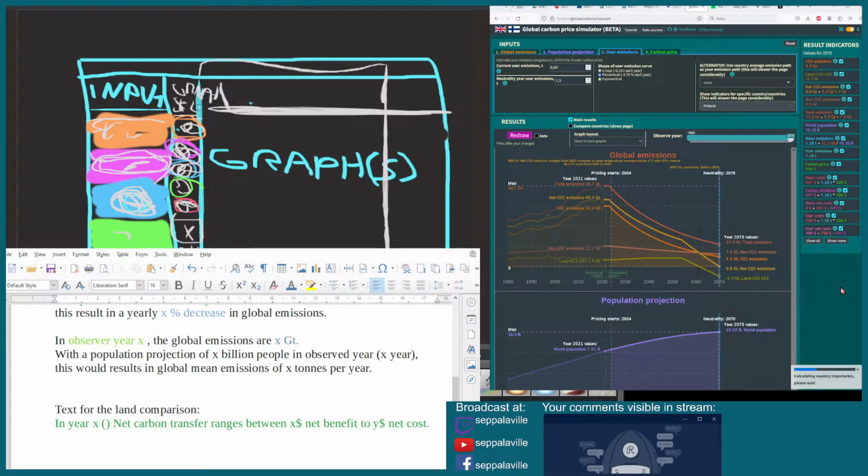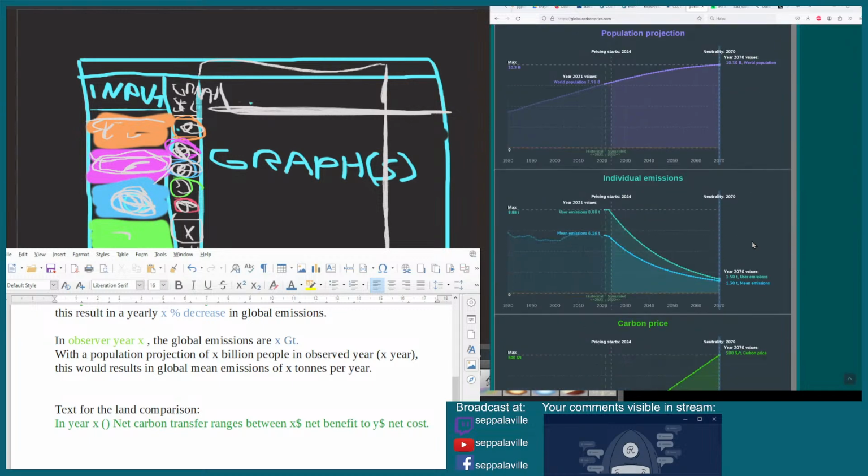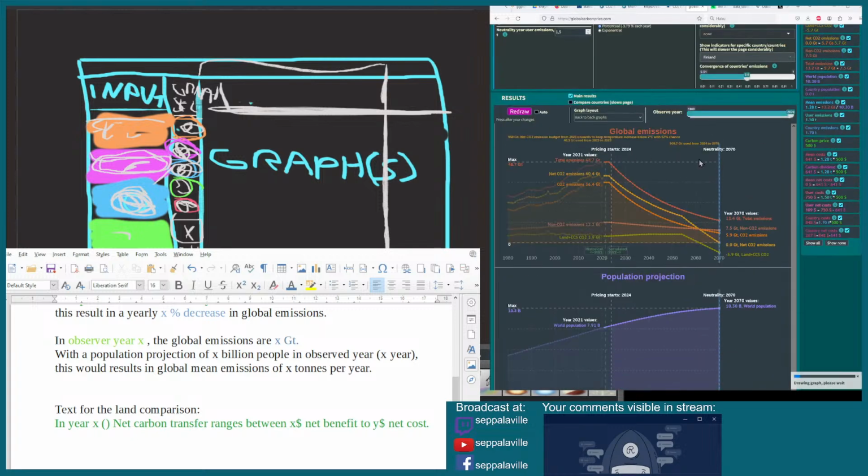For these country comparisons I have a system where all the countries' emissions will converge by the carbon neutrality year. They might not converge fully, but they will.